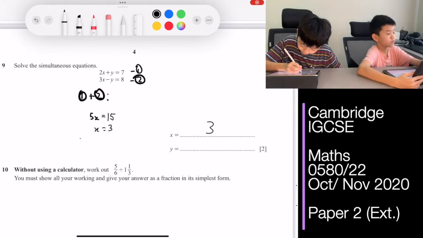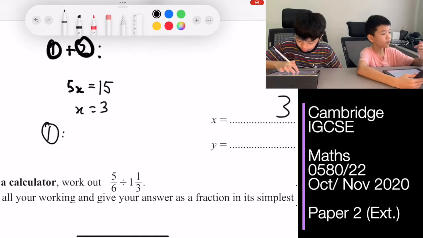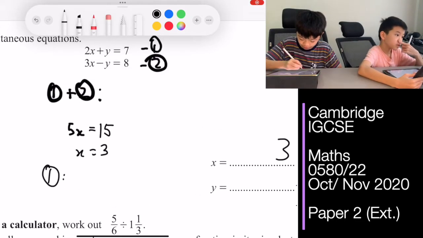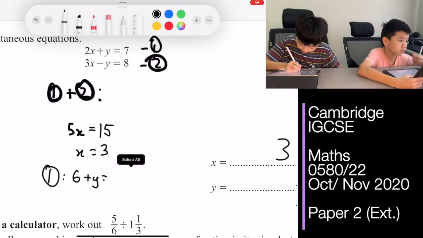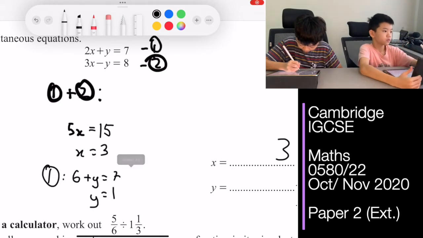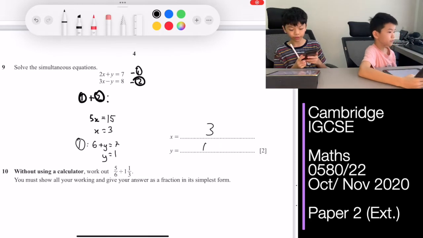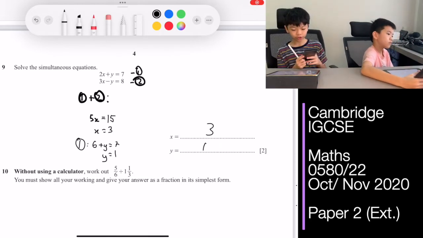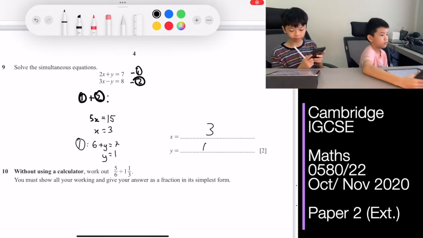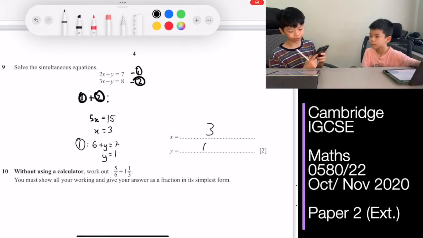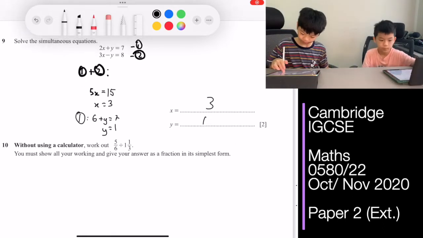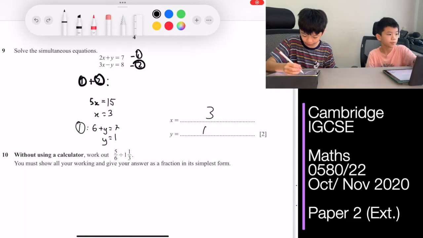Then we'll pick equation 1. So 2 times 3 is 6, plus y is 7, y is 1. Then we can see, so 3 times 3, 9 minus 1 is 8. Okay. And then this one is basically already proven.